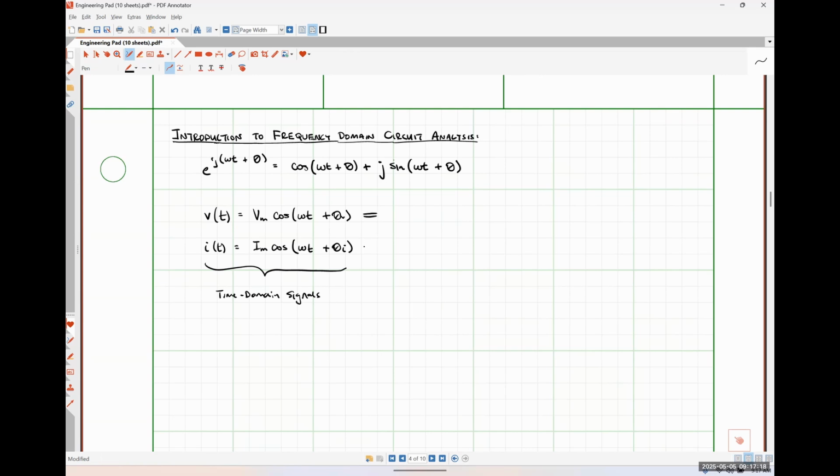Well, we can recognize these signals as simply the real part of the following complex numbers. Vm e to the j omega t plus theta v. And here is Im, the real part of Im e to the j omega t plus theta i.